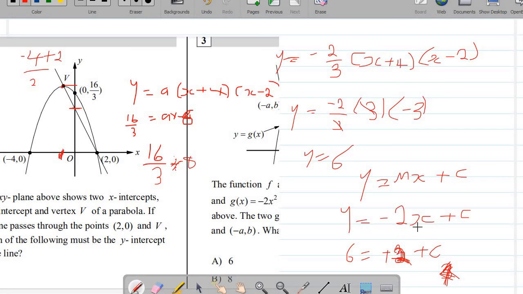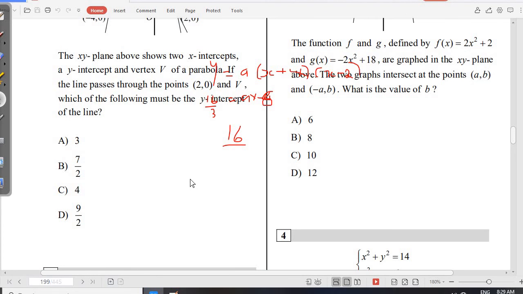Since x is minus 1, minus 2 times minus 1 is plus 2, and then plus c equals 6, so c equals 4. Alright, so we see our answer there, c equal to 4. So that's it, we are correct. Alright, so let's move to the next one.